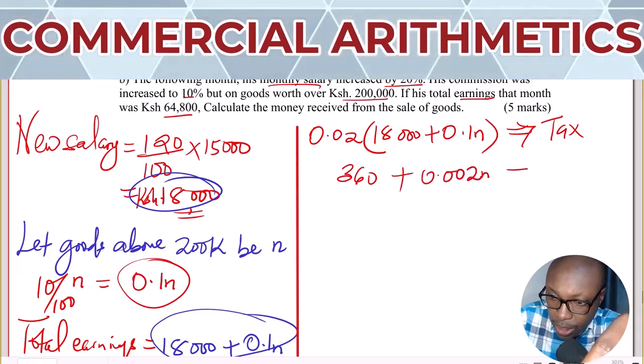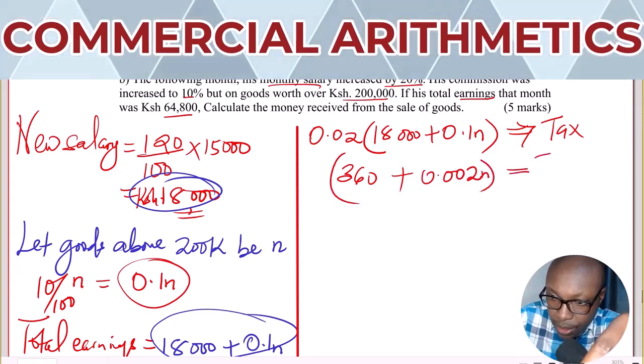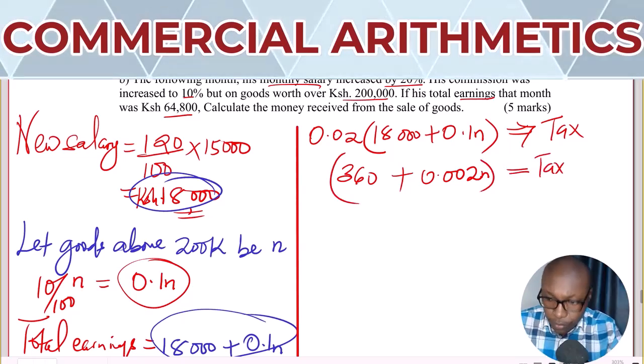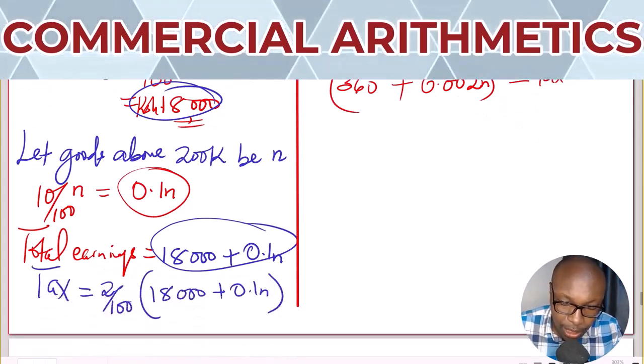So now this is what represents the tax, 2% of the total earnings.